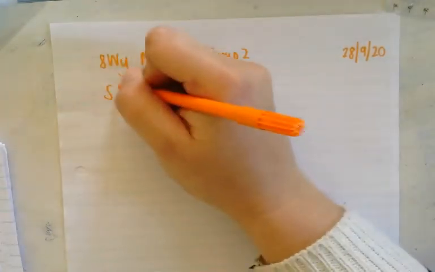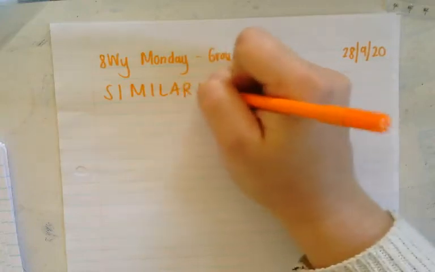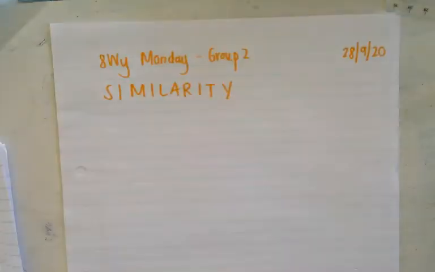Okay, our new topic is similarity. And specifically, we are going to be comparing triangles to each other. Now, just like parallel lines, similarity has a unique symbol.